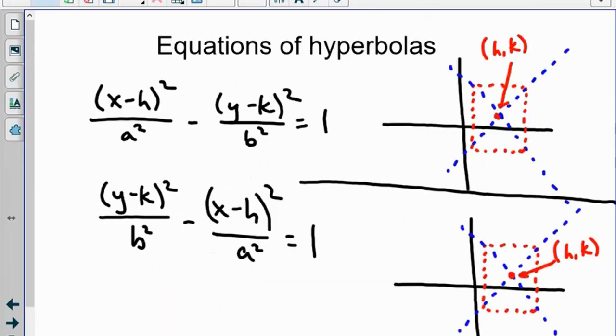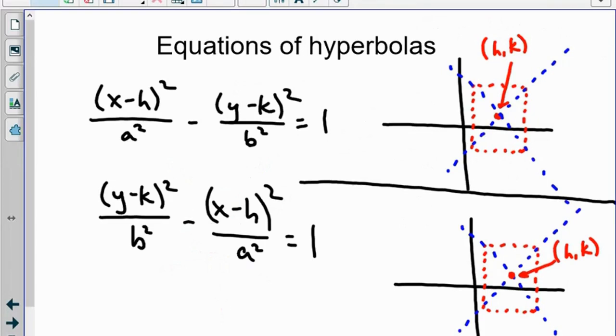Now let's look at the equations of hyperbolas. We have two of them because in a hyperbola, there's a minus sign. So that actually is very important. Remember, in an ellipse, we had one equation, and whether the ellipse was long in the x direction or the y direction was based on whether a or b was bigger.